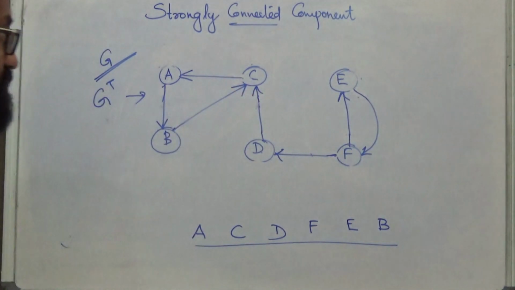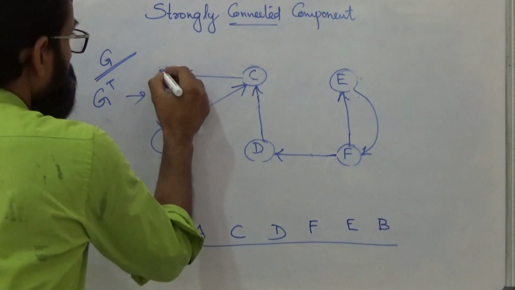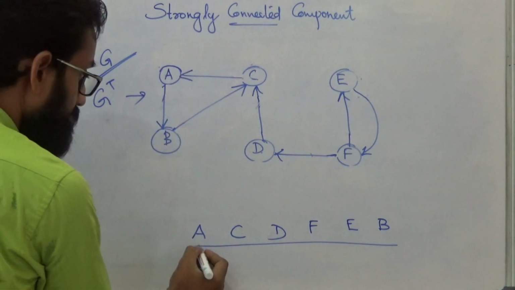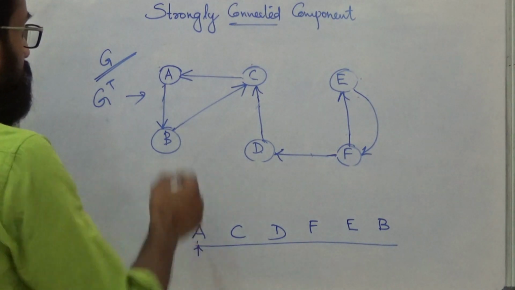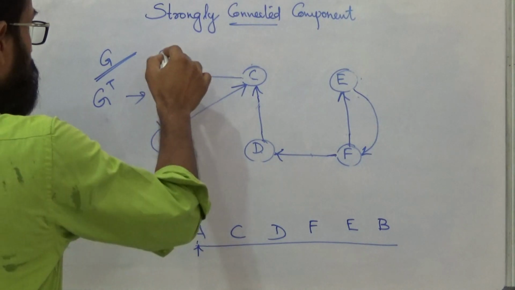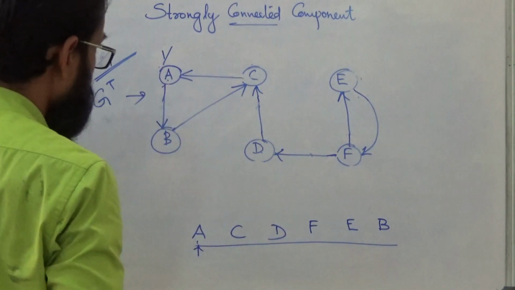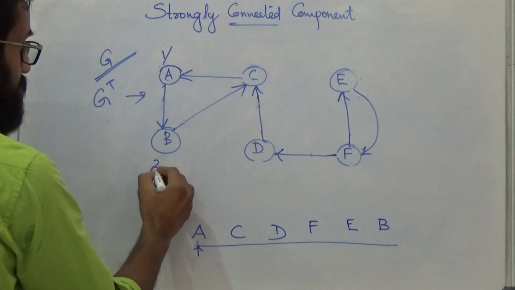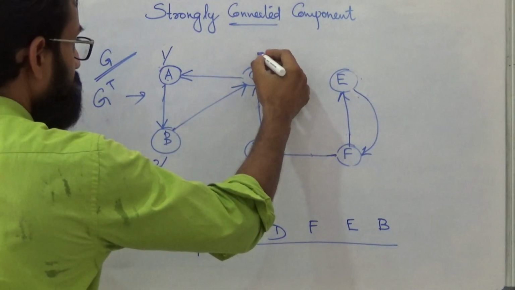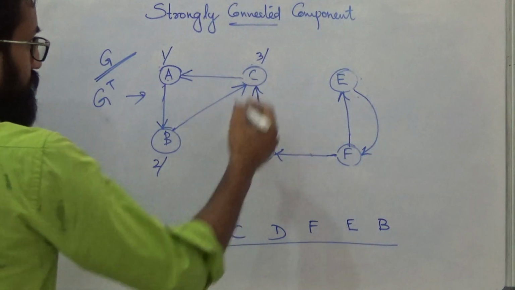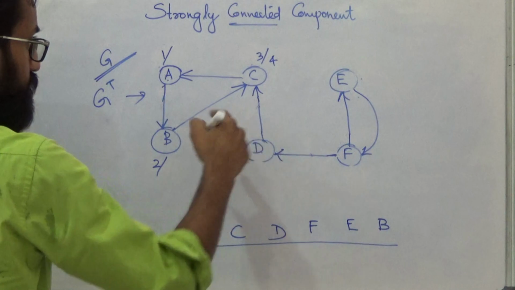Now in G transpose, call DFS based on this order. That is, you have to start DFS from A. When you call DFS from A, you are visiting A first, so the discovery time is 1. From here you can move to B, discovery time is 2. From here you can move to C, discovery time is 3. Now there is no alternate movement, finish it.